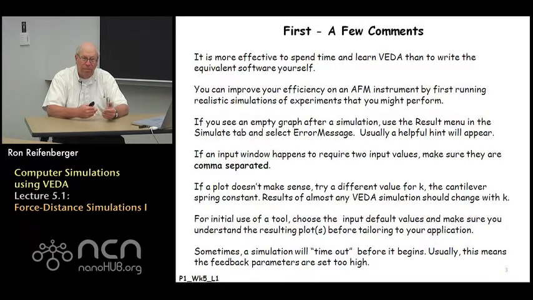So you probably need to reduce those values for the proportional and integral gain until your simulation works in a reasonable amount of time. So if you get a timeout, please pay attention to the feedback parameters. That's most likely the problem that you're going to encounter.